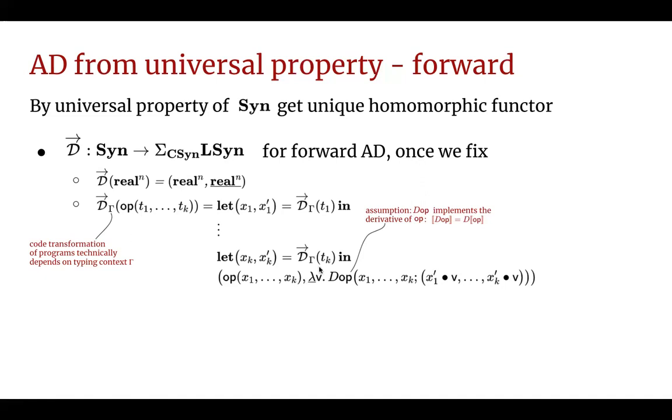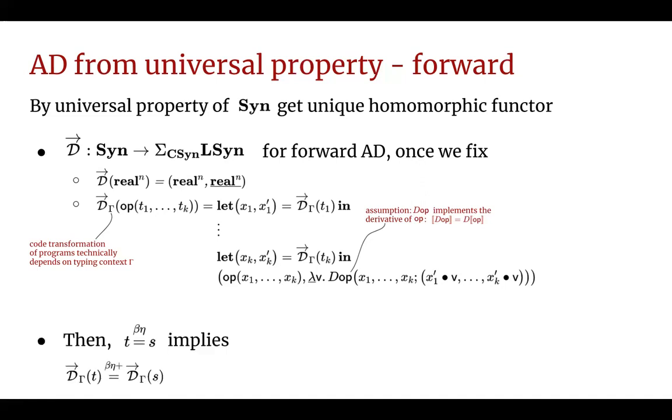So for example, if our primitive operation is a sine function, we need to have a cosine in our language, and we would write down the cosine here. This is important for everything to be correct. And for all the definitions to work, to get started, we already need to have derivatives for all of our primitive operations. And then we get the rest for free.